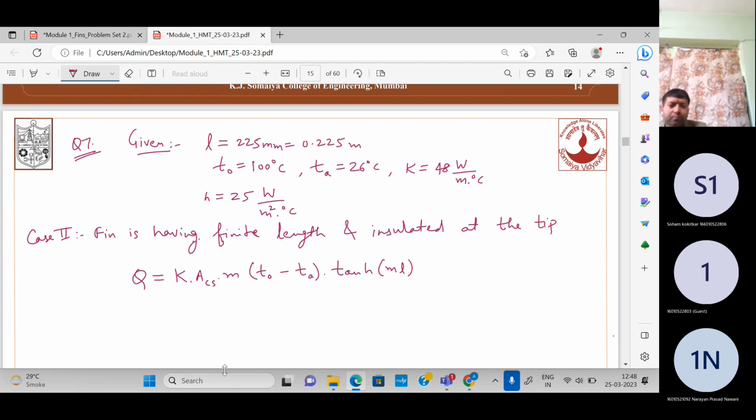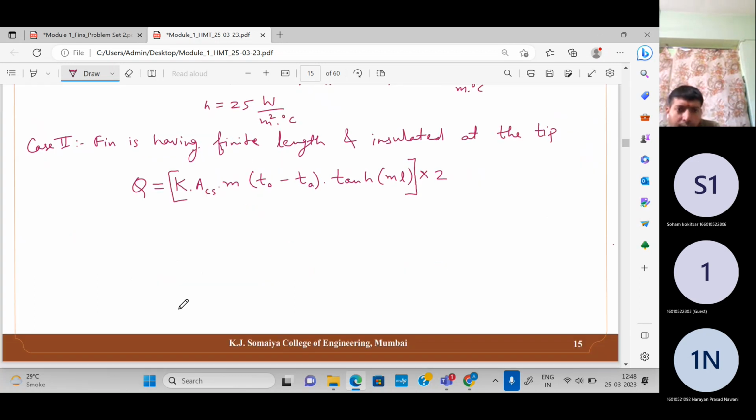But you can see the half distance will act as a fin, and for a single tube, 2 fins will be there. Okay. So each tube will have 2 fins, each having the same length. So we'll multiply this by 2. Let's calculate m. m is equal to root of hP by kA.